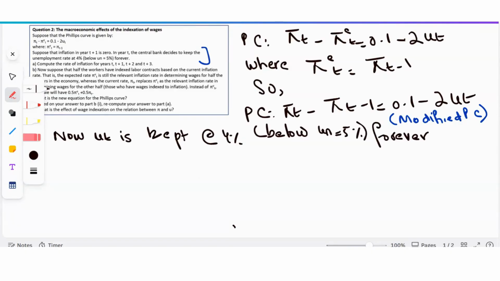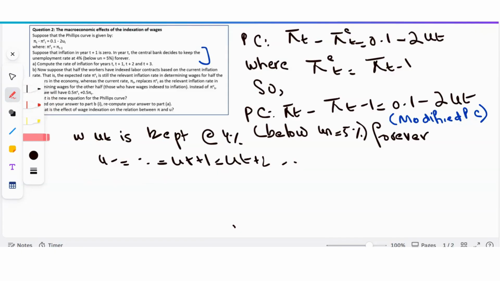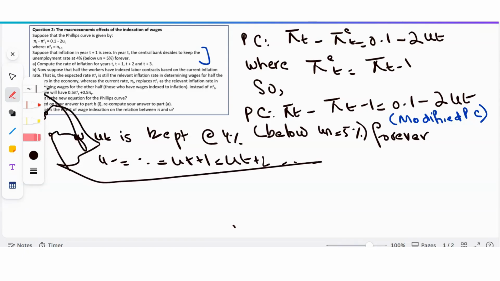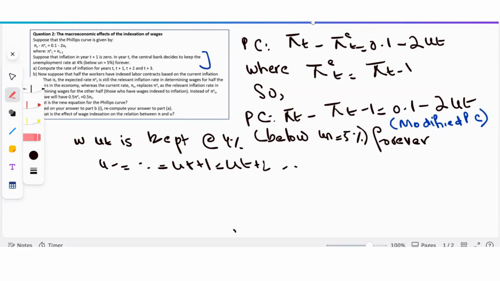So we're told that u t is equal to 4%, and u t plus 1, u t plus 2, and so on are the same.